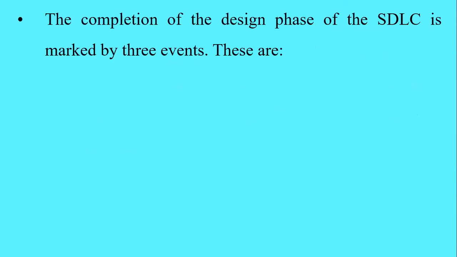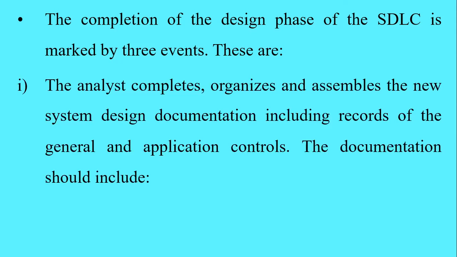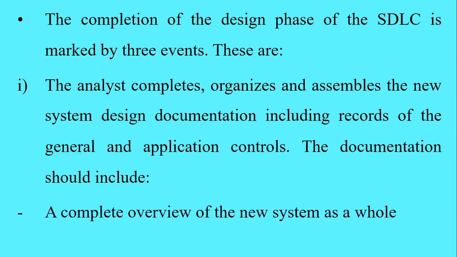The completion of the design phase of the system development lifecycle is marked by 3 main events. These are, number 1, the analyst completes, organizes, and assembles the new system design documentation, including records of the general and application controls. This documentation should include, number one, a complete overview of the new system as a whole.